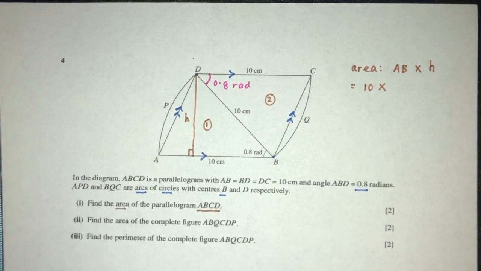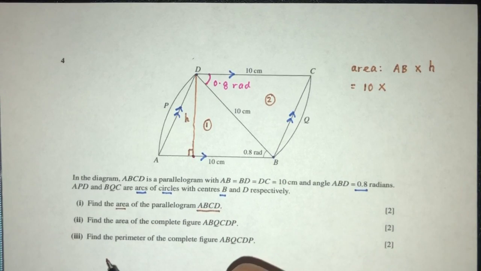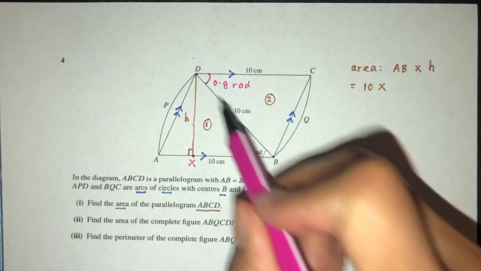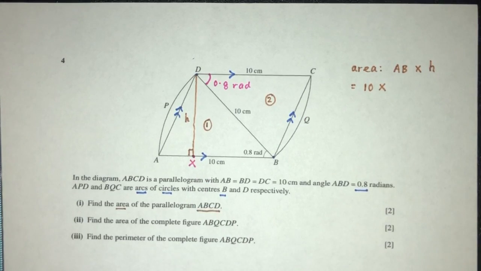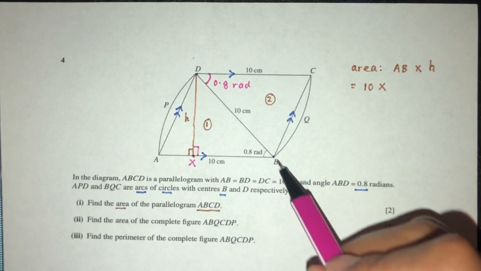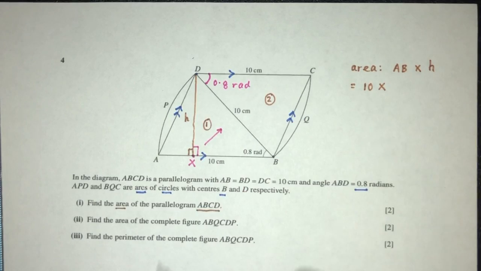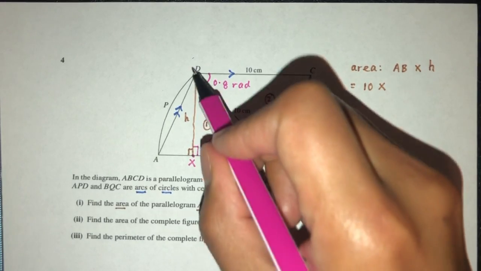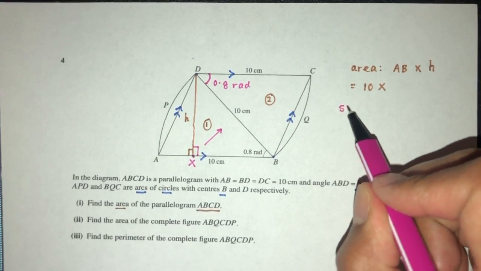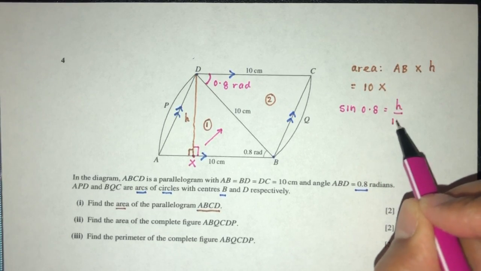So AB is 10. How would you find the height? Let's see. If you observe, let's call this X. DXB is a right angle triangle, right? We have this side, this is my H side, and I'm trying to find this height. That will be my opposite side, and that will be sine. Sine of the angle, 0.8, will be my height over 10.